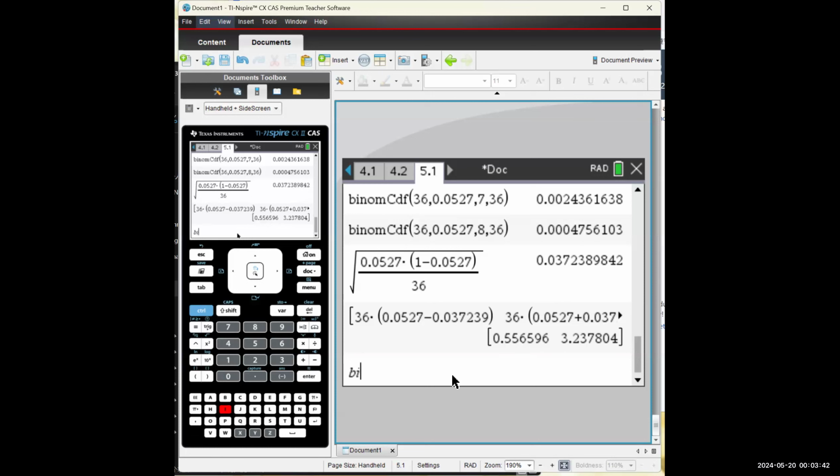So let's say by norm CDF, 0.556596, but it's larger than that, then it has to be starting from 1 for the discrete values, okay? And the maximum L value we can take is 3.